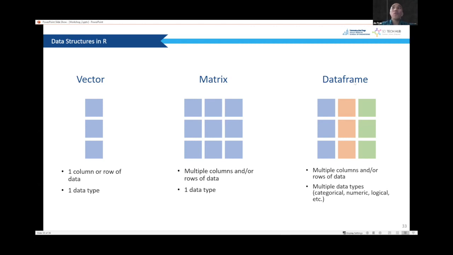So let's say over here, for example, we have a data frame with 3 different columns. The first column can be numeric, the second column can be logical, and the third column can be character. So different columns in a data frame can be of different types, but elements within the same column have to be of the same type.